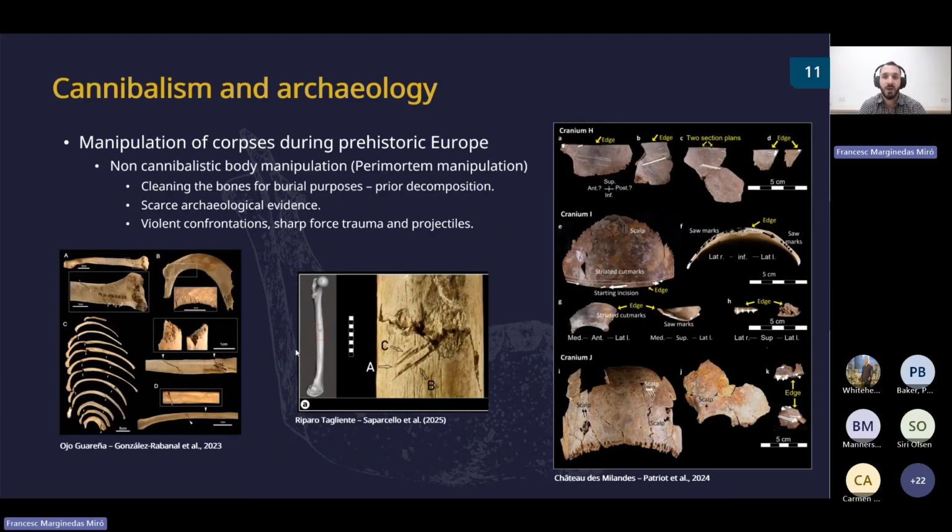However, identifying cut marks on human remains does not always suggest the consumption of the individuals, as identifying cannibalism is often more complex. There are other contexts in which similar marks occur at different times.